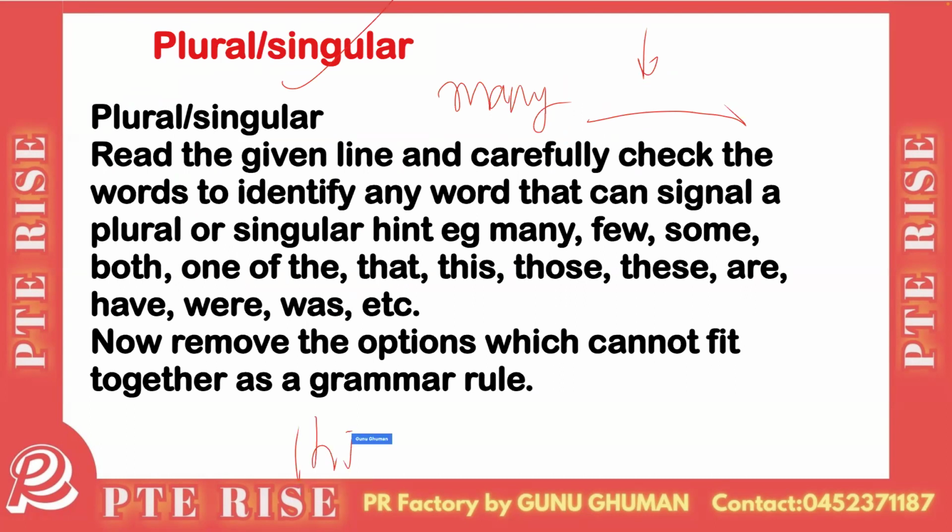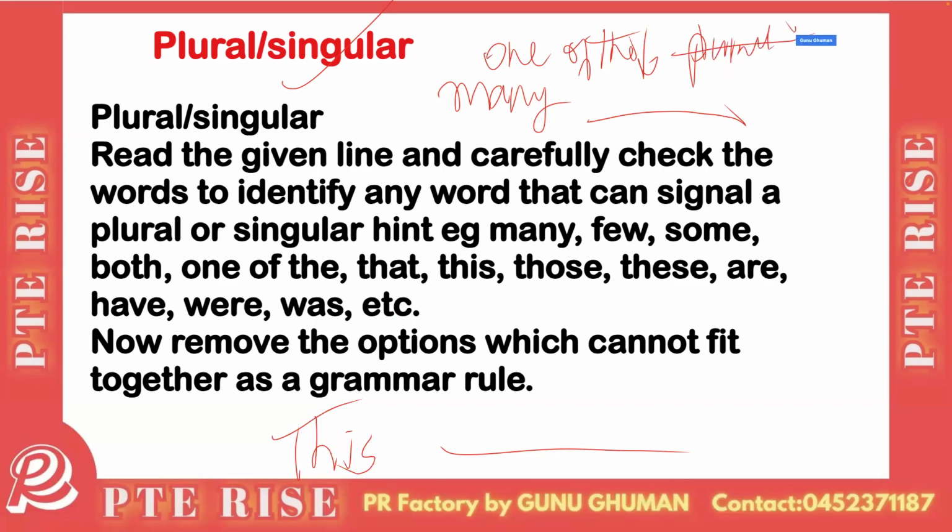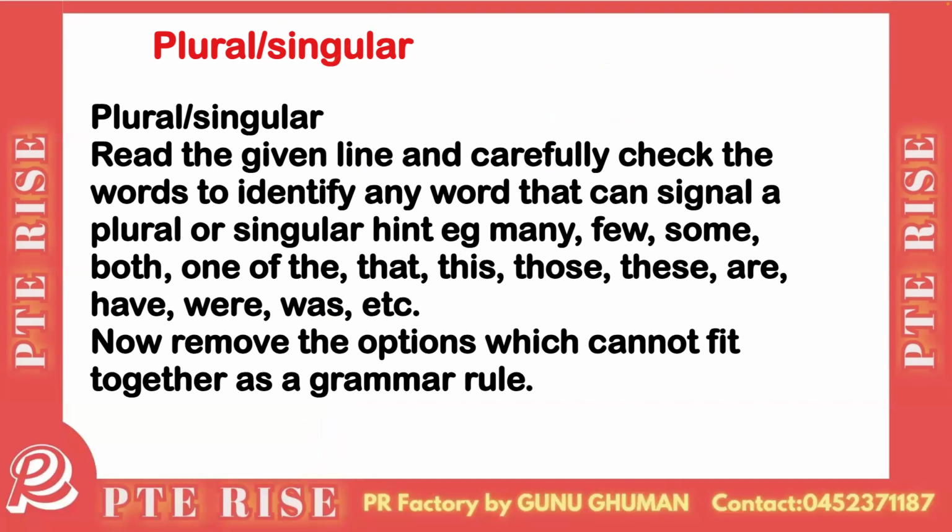This one, one of the, is one of the most commonly asked questions, mostly done wrong. See, you did it wrong. One of the, plural. Yeah. You say one of my friends. One from many, you choose one. So one of many. Okay.